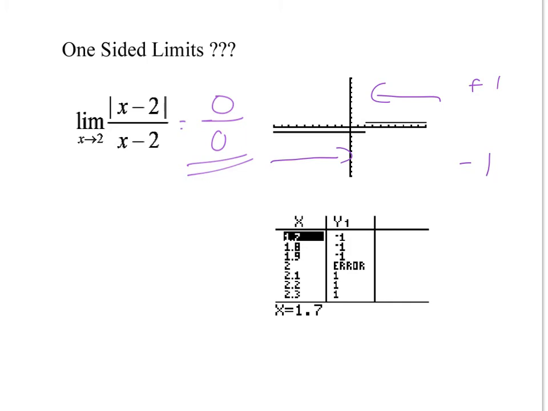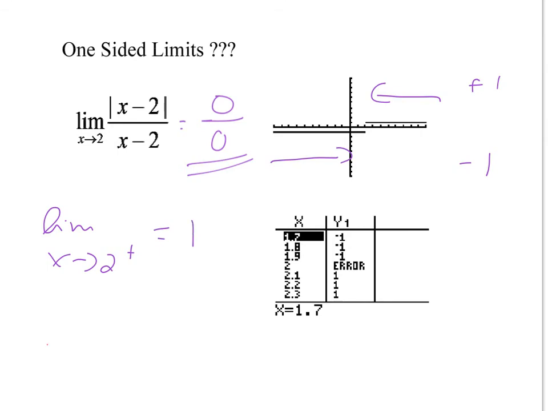This limit does not exist because the limit is approaching different values from the positive side and the negative side. If I were to just take the positive limit, so if I wrote the limit as x goes to 2 from the positive side, that's the notation, that would equal 1.